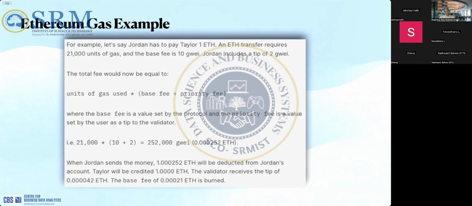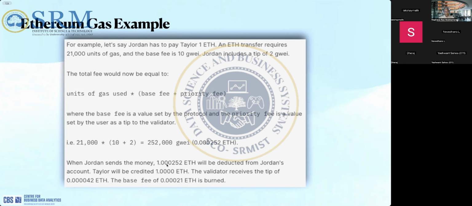Okay, when we send this transaction, we are transferring money from one account to another account, right? So we want to transfer 1 Ether, and then what we do is we add 1 Ether and this transaction fee, so it will become 1.000252 Ether. And we will transfer this as part of the transaction execution, right?